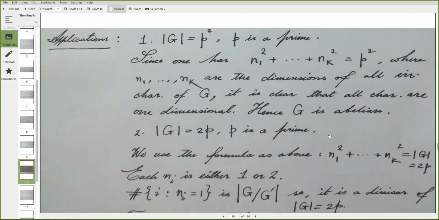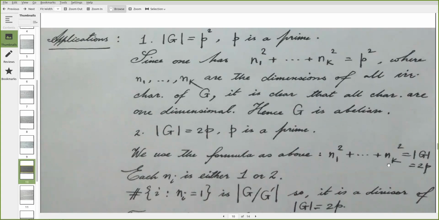Let p be any prime, irrespective of odd or even, and G a group of order 2p. Again, we will use the same formula. The Ni's are the dimensions of the distinct irreducible characters, so the sum of squares is just 2p. Now each Ni is a divisor of 2p, so it can be 1, 2, p or 2p.